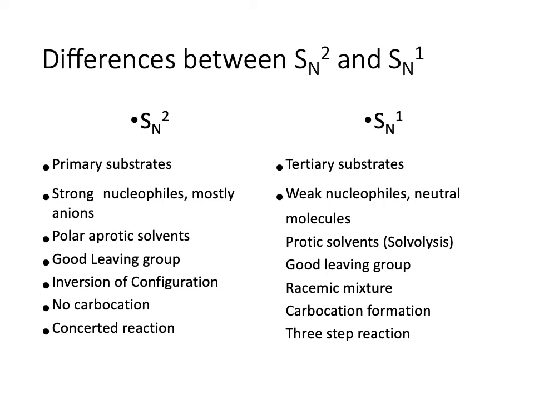You need a good leaving group for SN1. Also, during SN1 we have a carbocation, but no carbocation in SN2. And SN1 happens in 3 steps, which is very important.